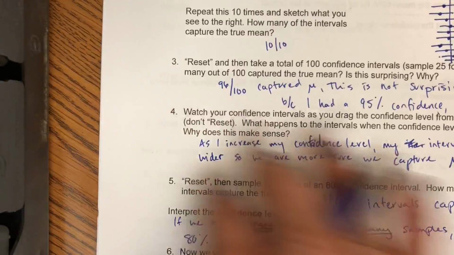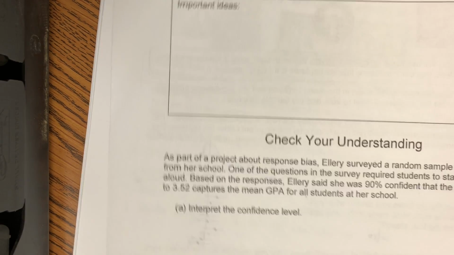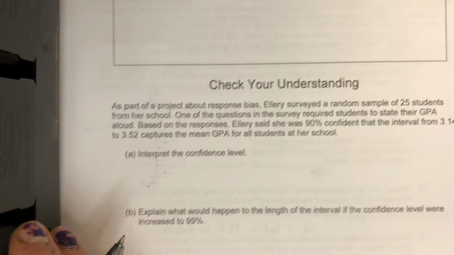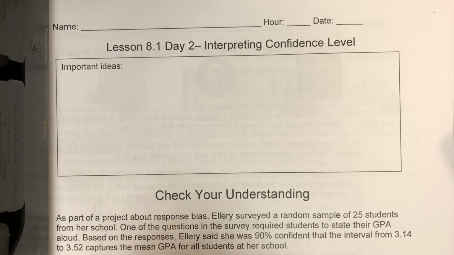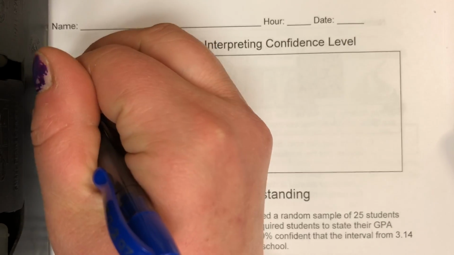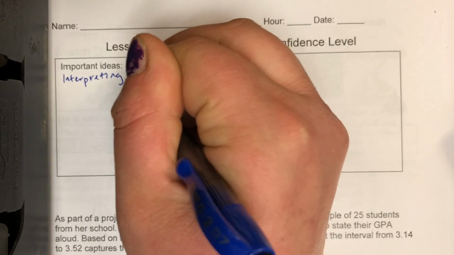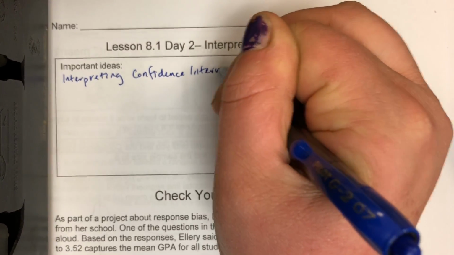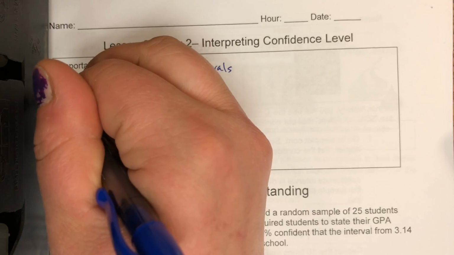Okay, and then what do we do next? Our important ideas. So our first important idea is interpreting a confidence level. I'm going to give you another sentence starter for this. Let's use the same one that we had.